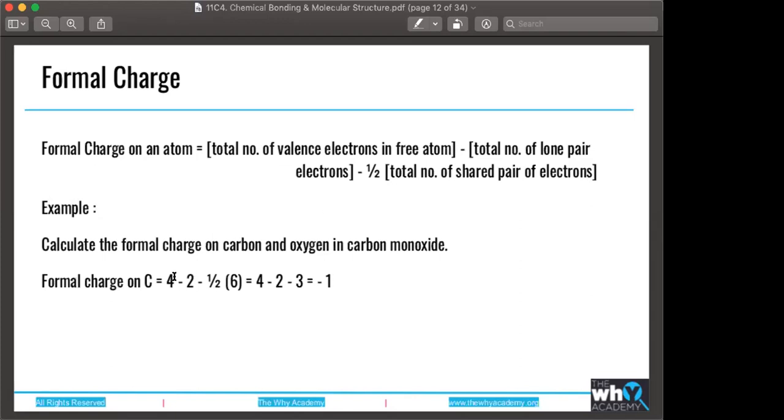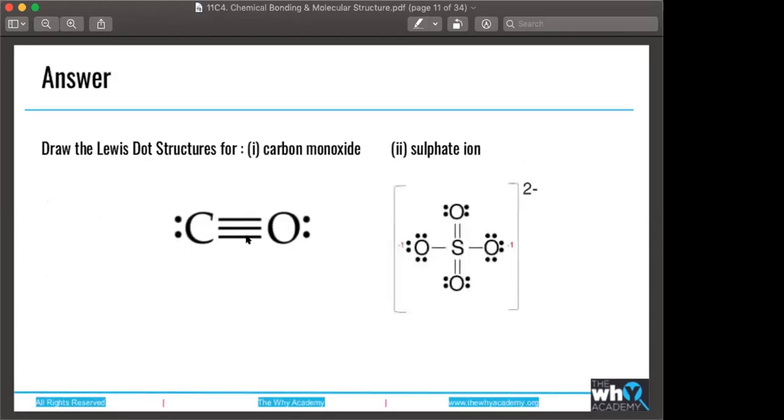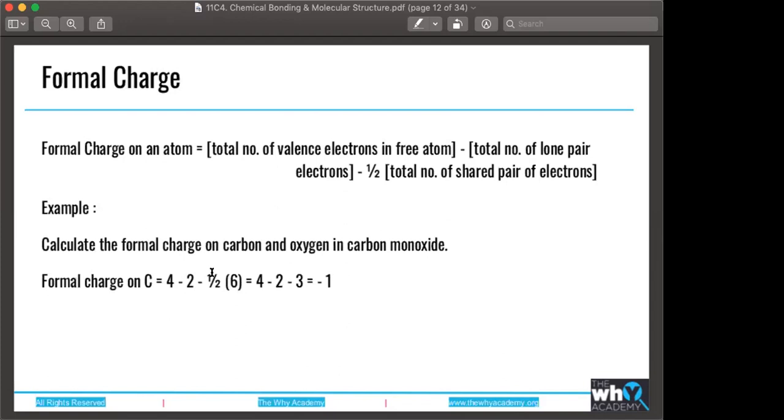So 2 of these electrons we will not count, so minus 2, minus half of the total number of shared electrons. The total number of shared electrons is 6, it's a triple bond, 6 electrons are being shared with oxygen, and half of 6 is 3. On calculating, it will be -1. So the formal charge on carbon will be -1.